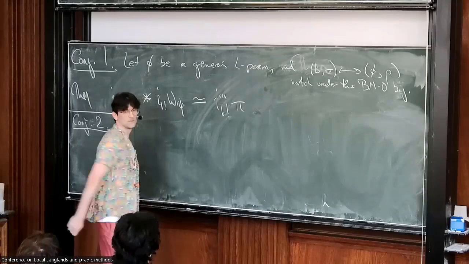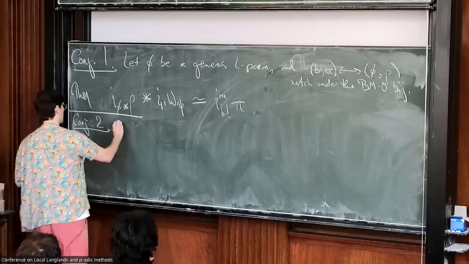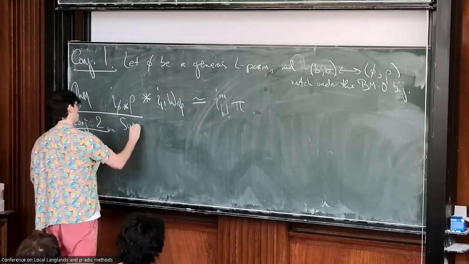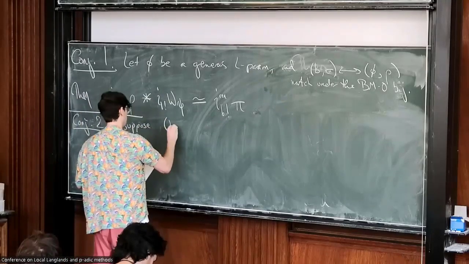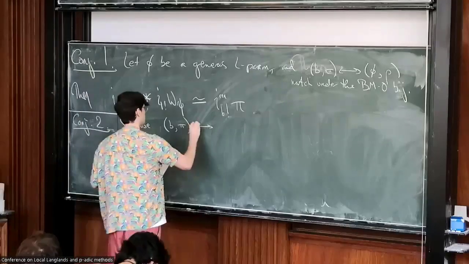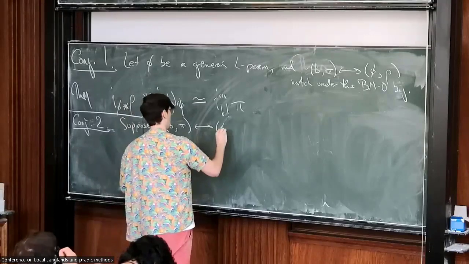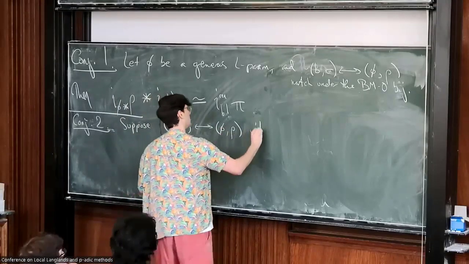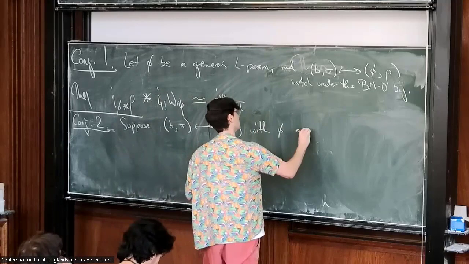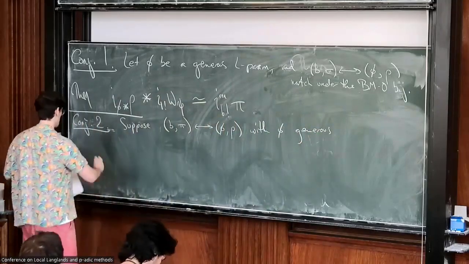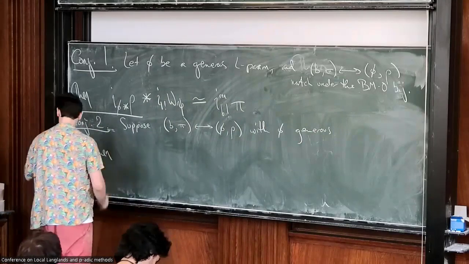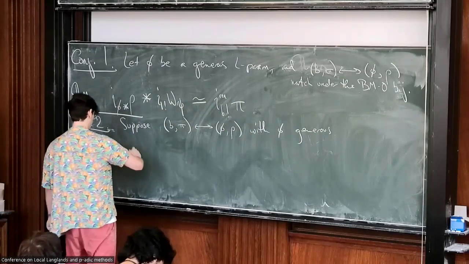Why did I use this specific one here? So suppose that I have (b, pi), which is in bijection with some pair (phi, rho) with phi generous and rho completely arbitrary. Then all three flavors of push forward are the same.